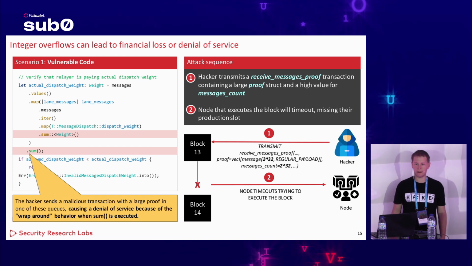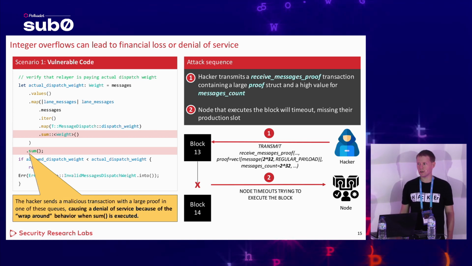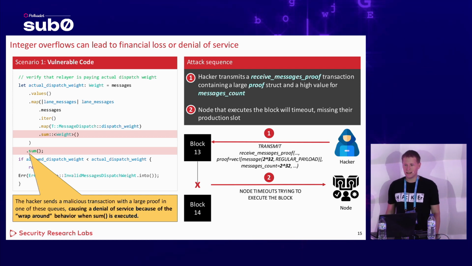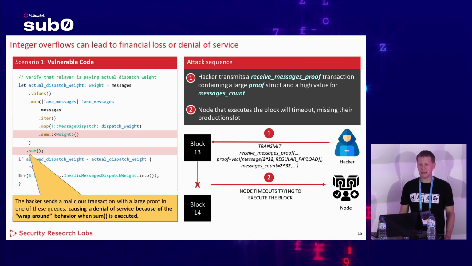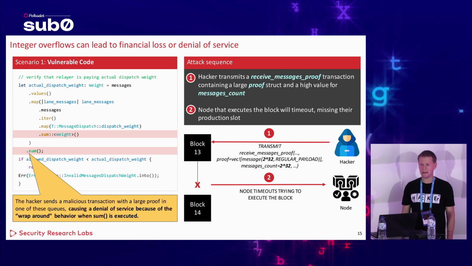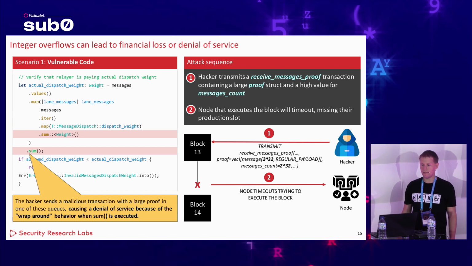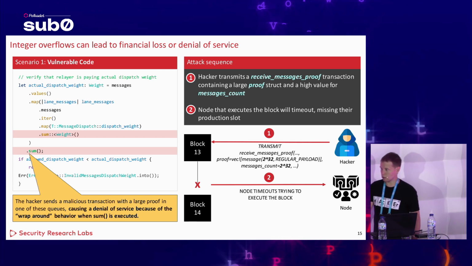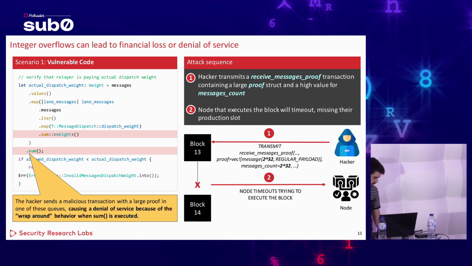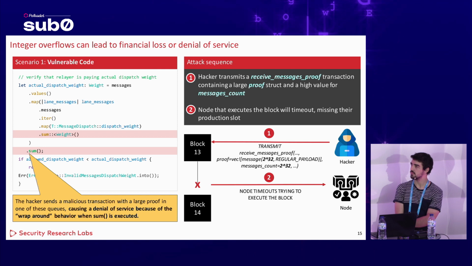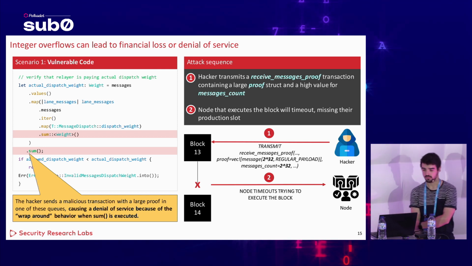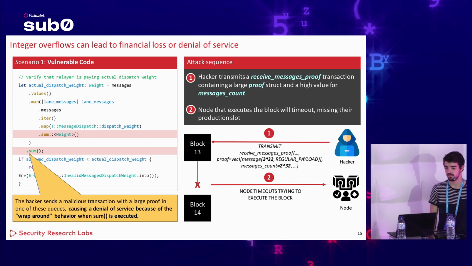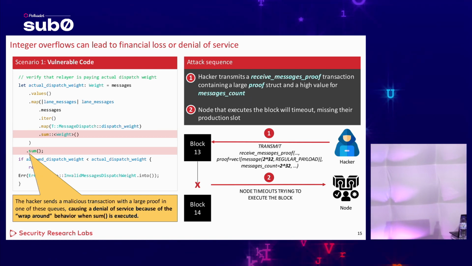So let's take a look at some example things. So here we have an integer overflow. This was an old vulnerability fixed long ago. But this was in the bridges implementation, and a relayer would submit a vector of messages, and this code would go through these messages, take the weight of each message and sum it up. And this sum can actually have an integer overflow, so you have more than the maximum value for the weight.